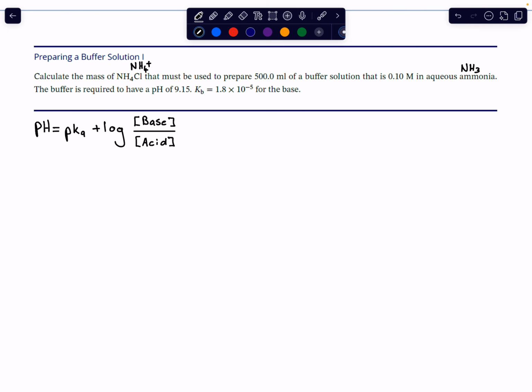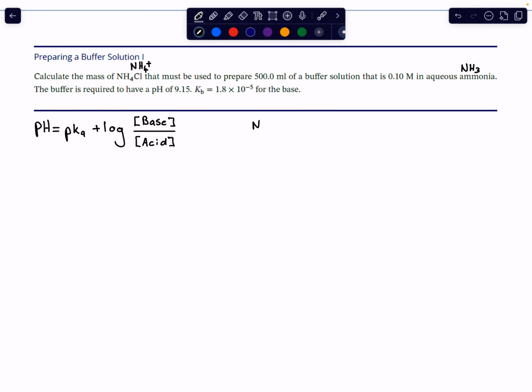Alright, so we have the pH. The pKa will be the minus log of the Ka of the acid. Now let's just remind ourselves what the acid in this case is: it's the NH4+.